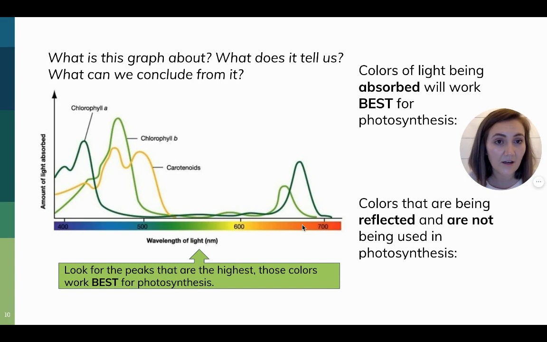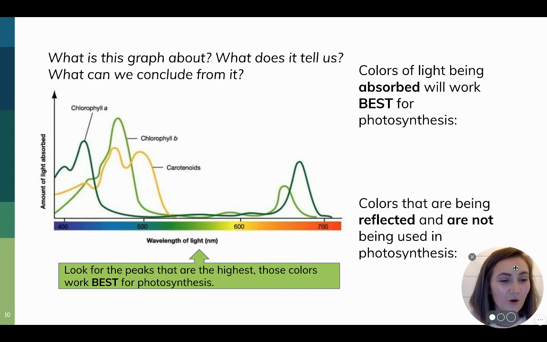So pause the video, and what I want you to do is figure out what colors of light are being absorbed that will work best for photosynthesis. Remember, we need to capture as much sunlight as possible in order to make glucose. And then figure out what colors are being reflected, and therefore are not going to be used in the process of photosynthesis. Go ahead and pause the video, think about what colors those are, and then you can press play and we'll find out.